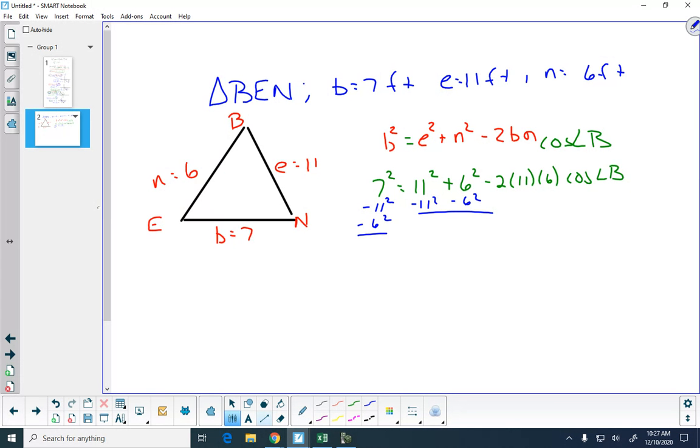That will cancel them out. And also on the right-hand side, find that coefficient.